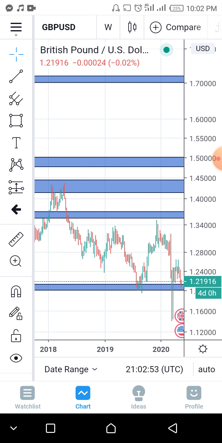So now the next thing I do, after finding my zones and finding out what direction this market is heading to, is this: basically the market is heading for a sell, so I go back to my MT4, and then I start looking for sell opportunities.